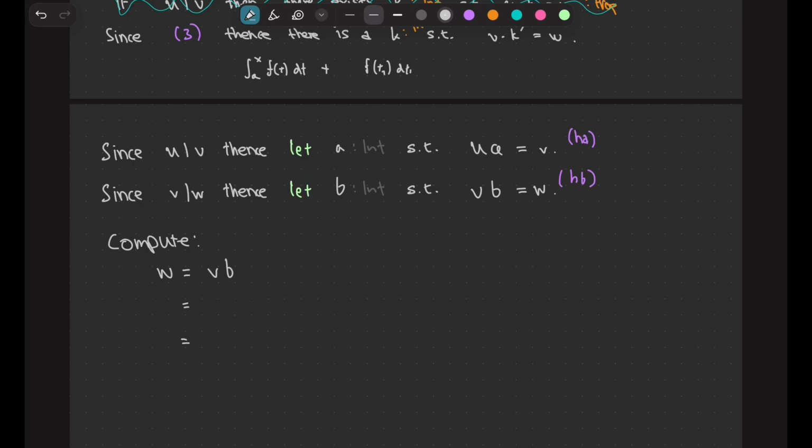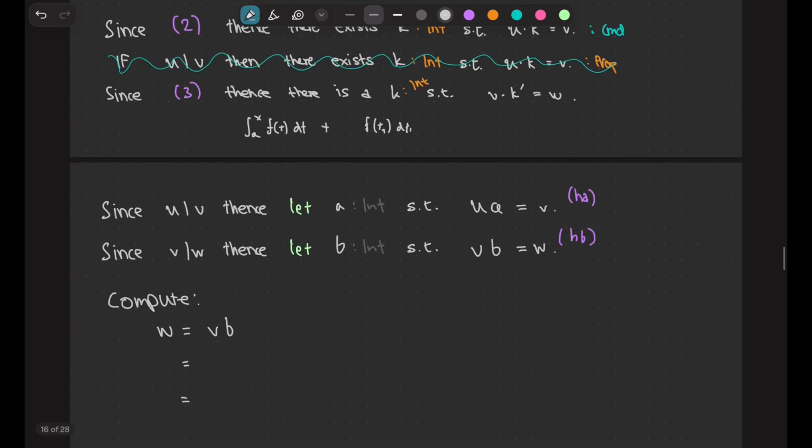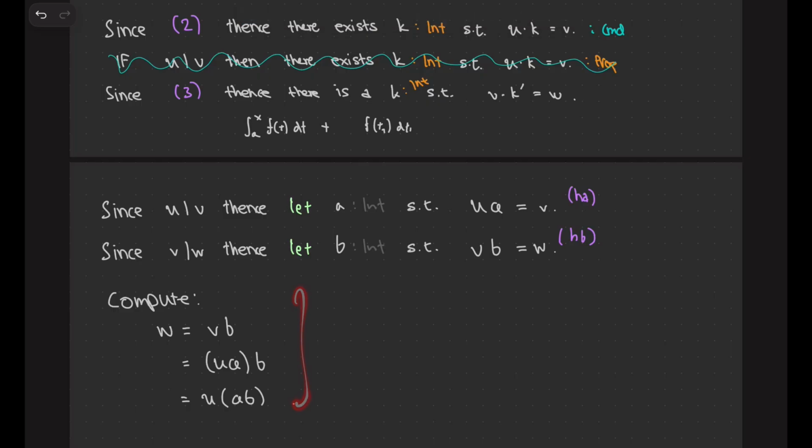Okay, what's the mistake? Replace V instead of B. Yes, so thank you. I'm testing you and you are not testing me. So W equals UA times B, and this should be something like UAB.